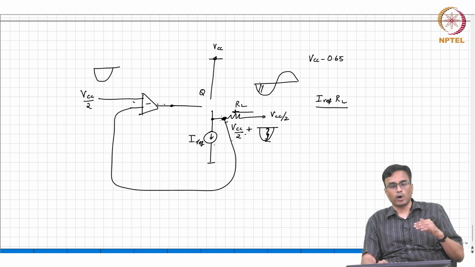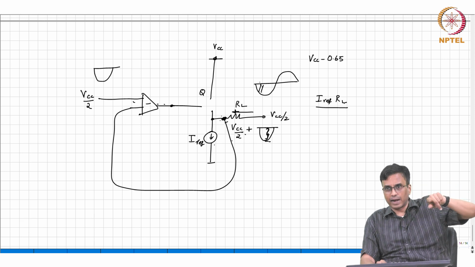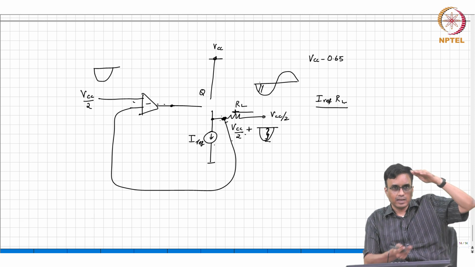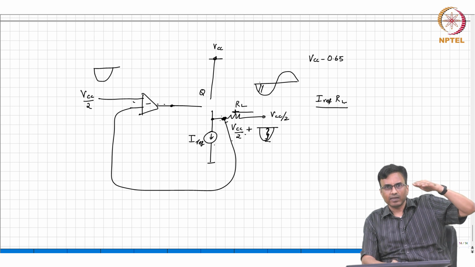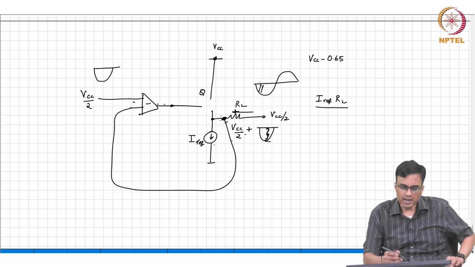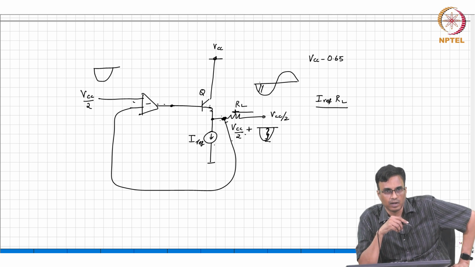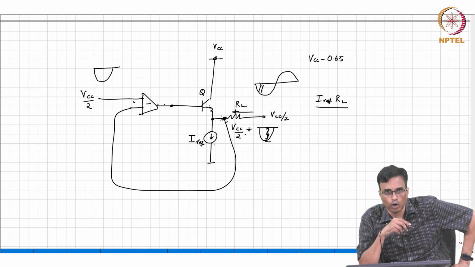So, you can see that the positive half peak swing is independent of RL, whereas the negative limit is dependent on RL. Alright. So, this is if you used an NPN common collector amplifier at the output.